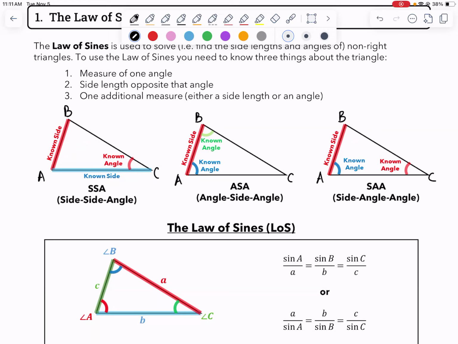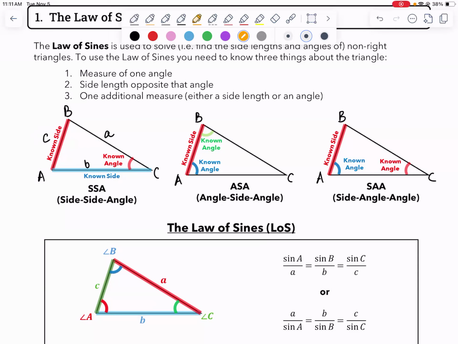And the way we name these, remember, is that the side length and the angle opposite it are the same letter, but uppercase for angles, lowercase for side lengths. So this will be side a because it's opposite angle A. This would be side b because it's opposite angle B. This would be side c because it's opposite angle C.